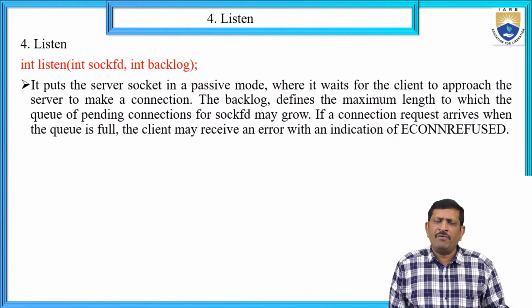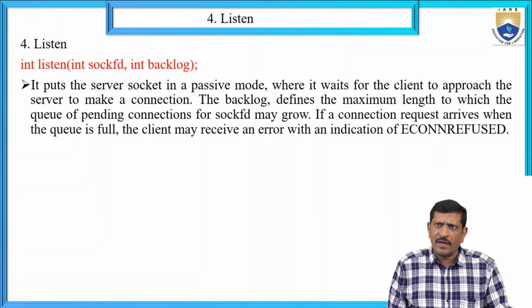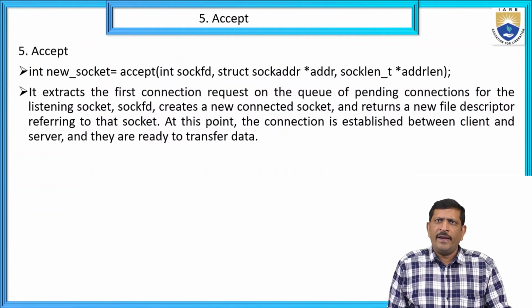That means the server's queue, which the socket maintains, is full. So immediately we send ECONNREFUSED. Due to this error, the connection is refused. And then accept.